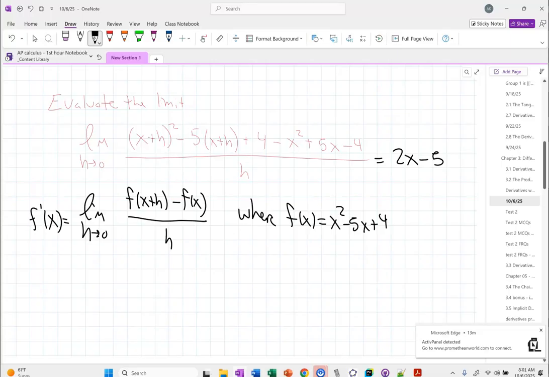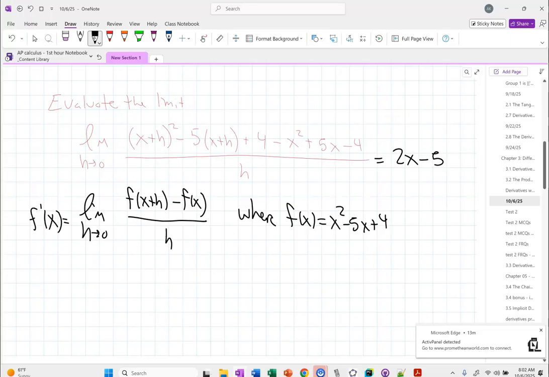But there's no sense in evaluating this via the definition. Does that feel good? Did everybody else catch on to what I'm saying here?